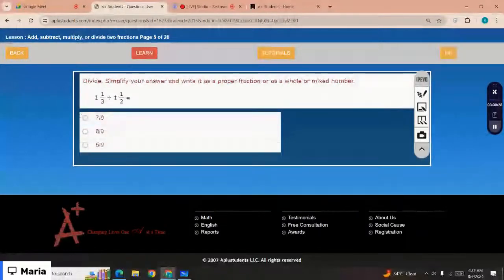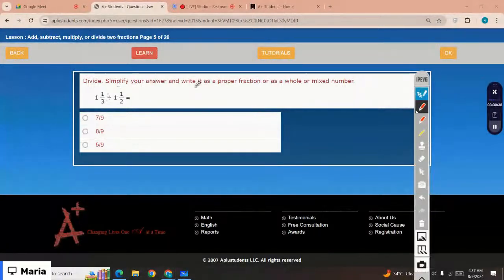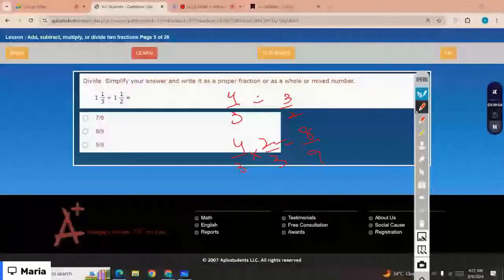You're right. Okay. Divide 1 whole 1 by 3 divided by 1 whole 1 over 2. So let's just solve. 3 times 1 is 3 and 1 is 4 over 3. 2 times 1 is 2, right? So that is 4 times 2 is 8 and 3 times 3 is 9. So the correct option is 8 over 9.